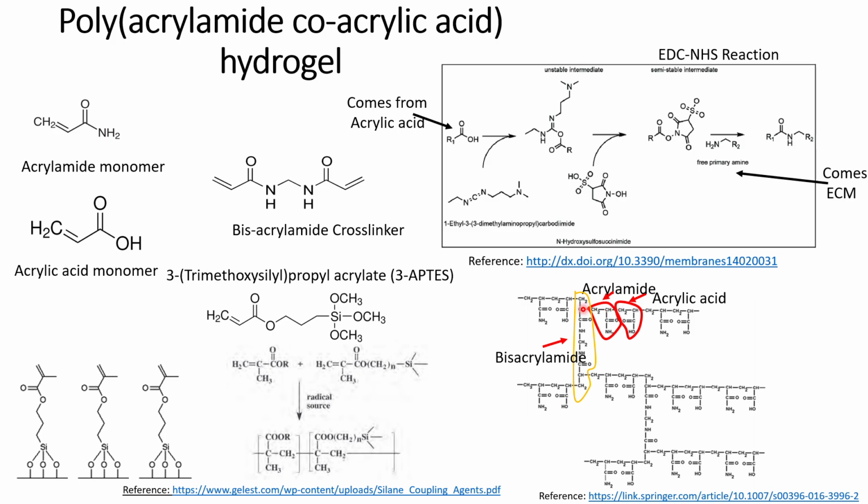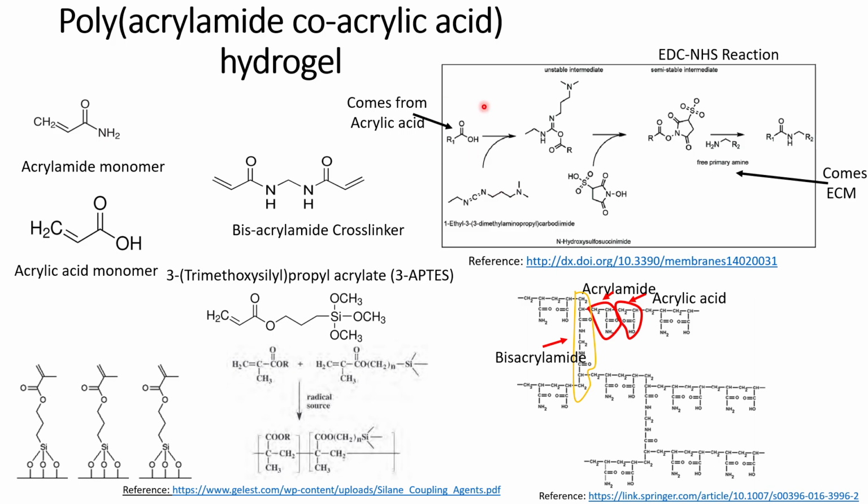Once this hydrogel is formed, we need to functionalize it so that the extracellular matrix proteins can interact with the hydrogels. In order to do this, we need to put a layer of functionalized NHS, but in this case we will not use NHS directly; we will use the coupling reaction of EDC and NHS. We add EDC and NHS, and EDC will first react with the acrylic acid part, that is COOH.